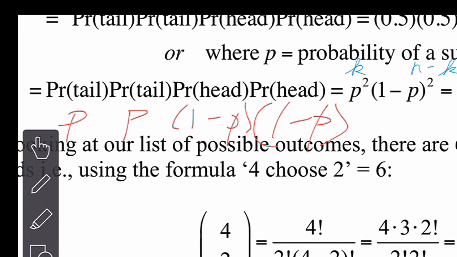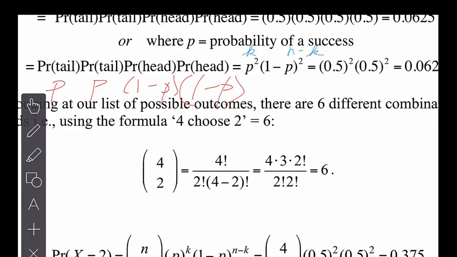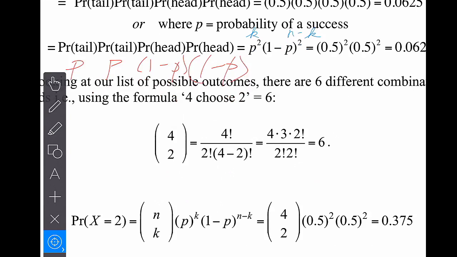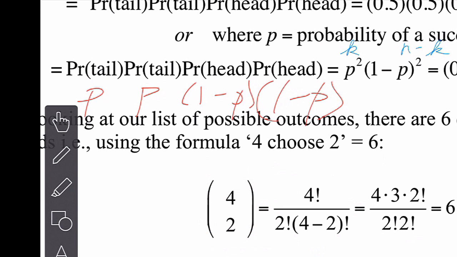All right, let's see if I can. I have to turn this one off. Oh, it didn't work yet. Sorry.